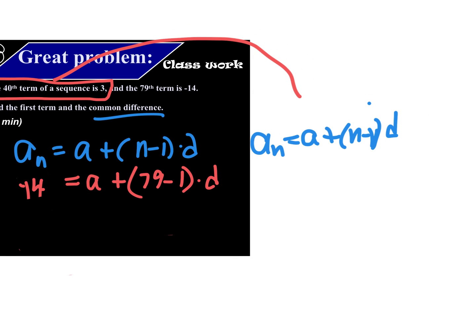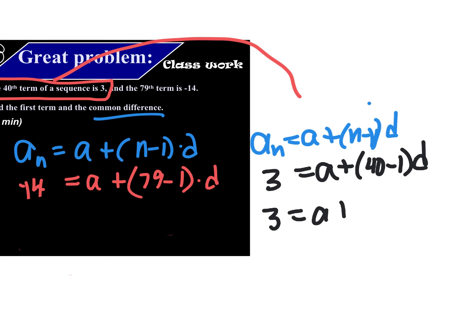The 40th term is 3, so I put 3 equals, I don't know what the starter one was. n was 40. And now I've got 2 equations. And this red one, negative 14.